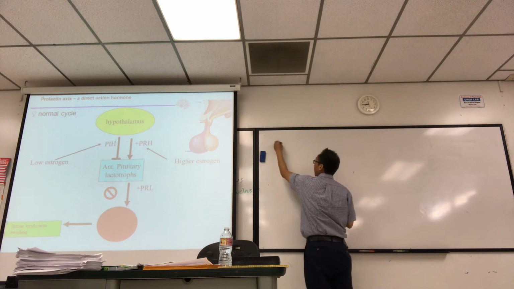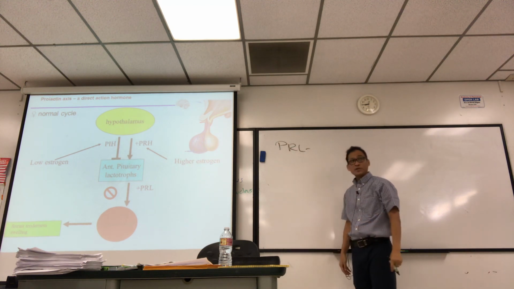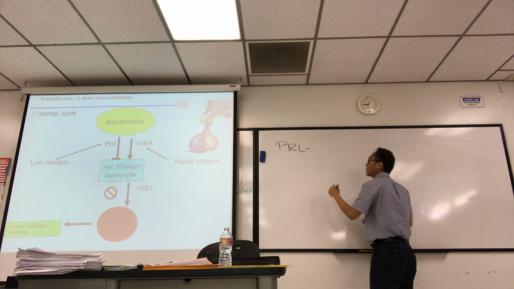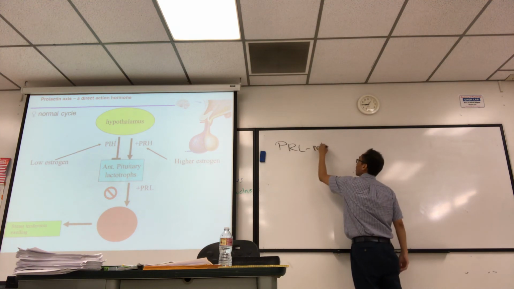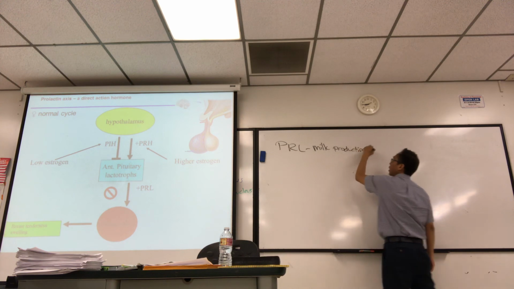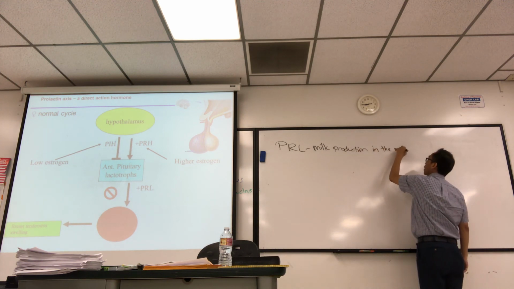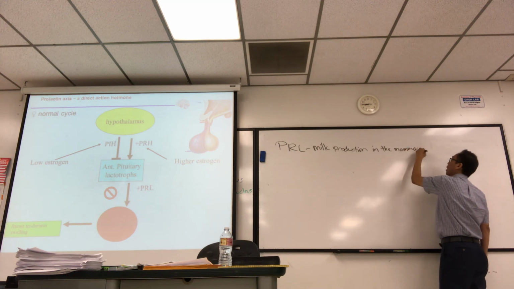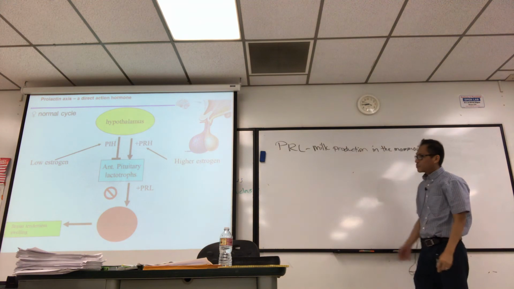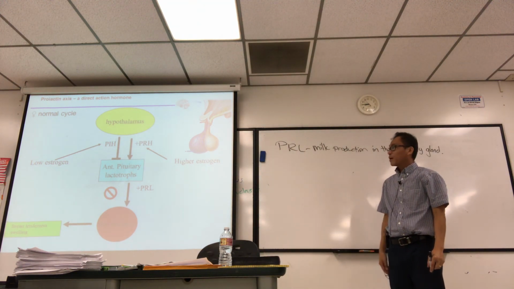Basically, the hormone prolactin, know that its function is for milk production in the mammary gland. However, know that that's pretty much only when a female is pregnant or has given birth.